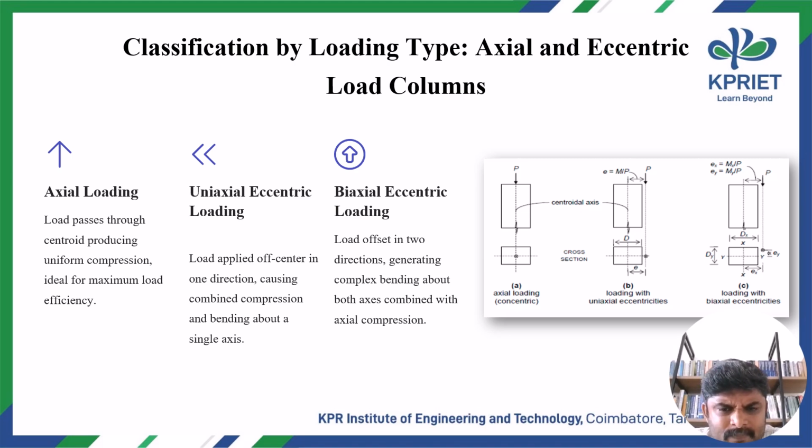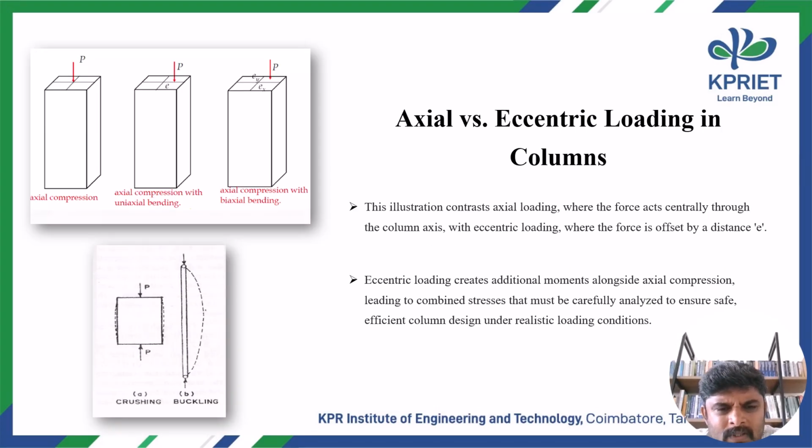And then classification of columns: axially loaded, and uniaxial means the column has one axial load and one moment because of eccentricity. Biaxial means the column has one load and two moments. Axial means it lies on the axis, and eccentric means it is away from the axis.